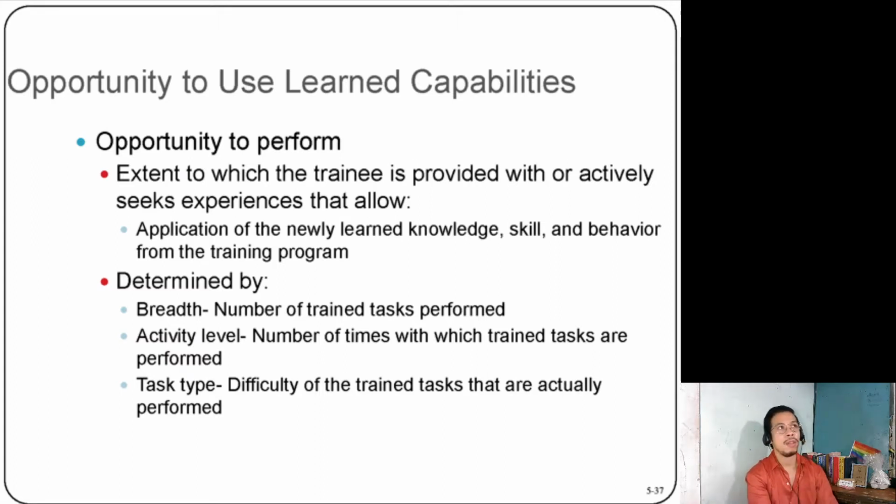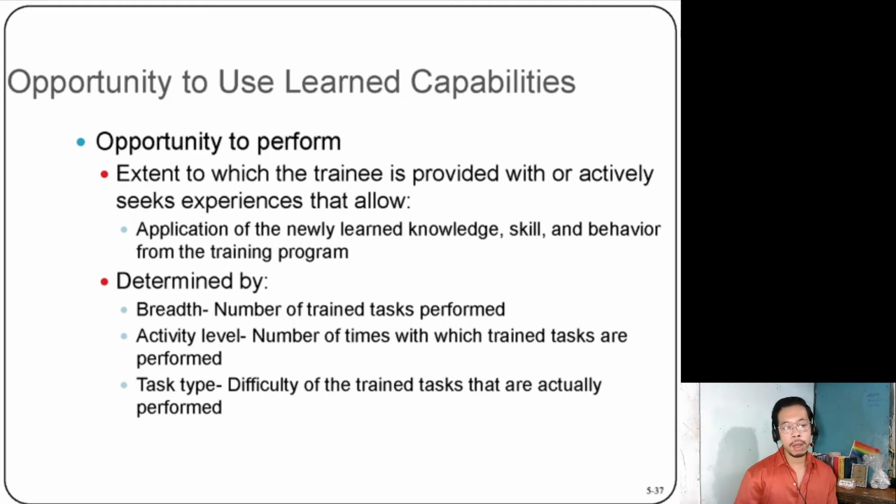So for example, it would give trainers a heads up, like this particular set of trainees has already been exposed to this type of knowledge or skills. So it would give the trainer an advantage. And same with trainees. So this is really important.